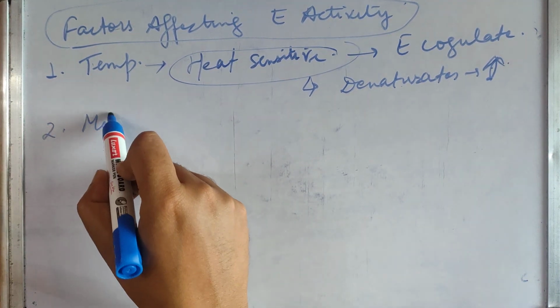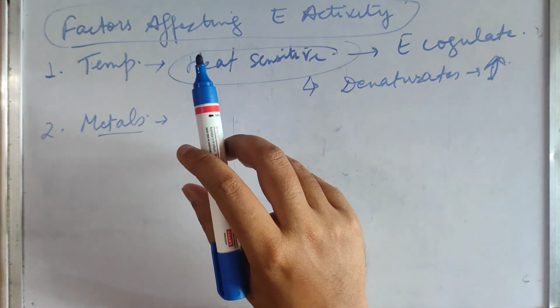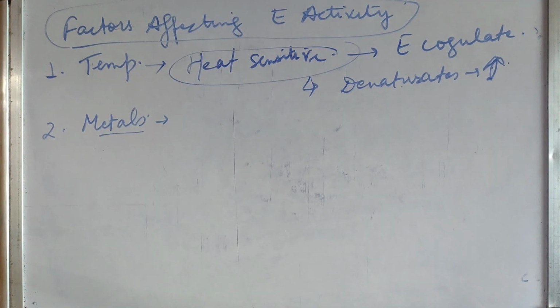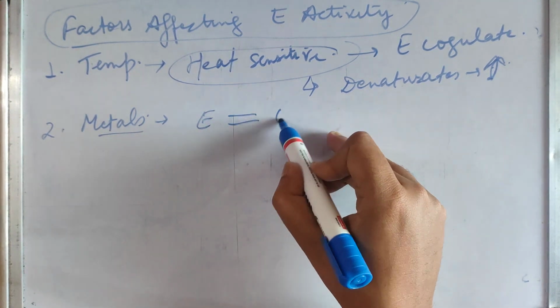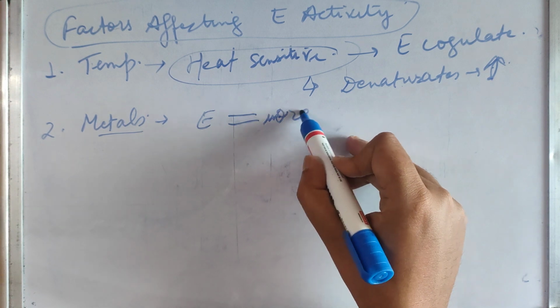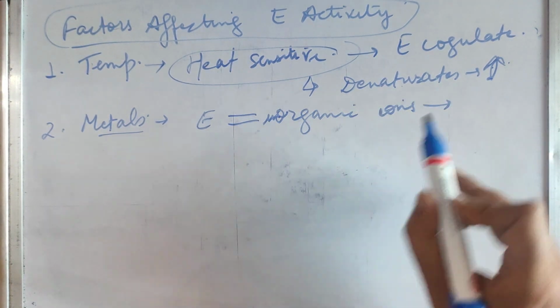Secondly, we have metals. Enzymes combine with many inorganic ions, that is metals, in chemical reactions.